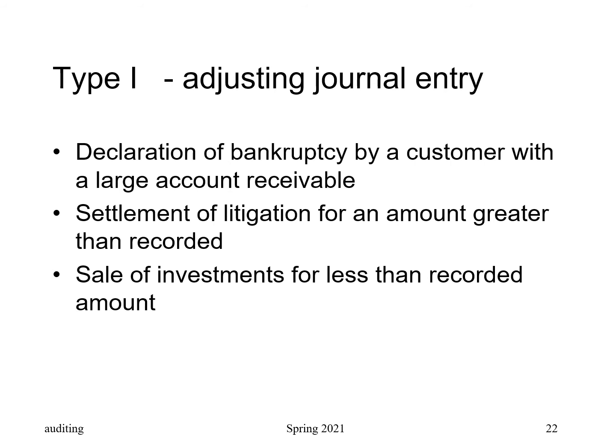So any one of those customers probably would have had a material impact on their financial statement. So if a customer goes bankrupt in January, if we would have known that, would we have had a bigger allowance for doubtful accounts? Settlement of litigation for an amount greater than recorded. Sale of an investment for less than the recorded amount.